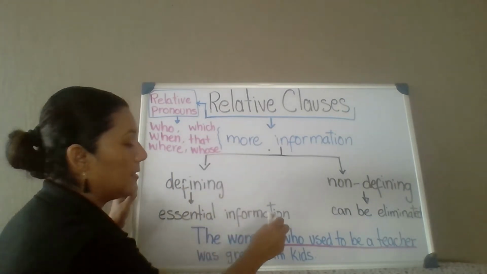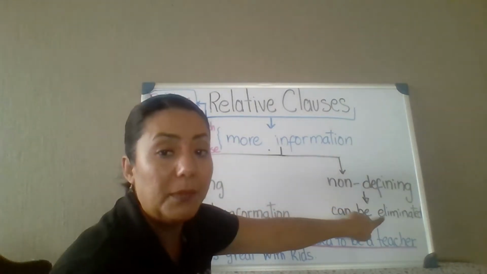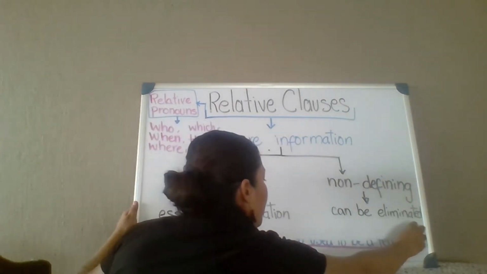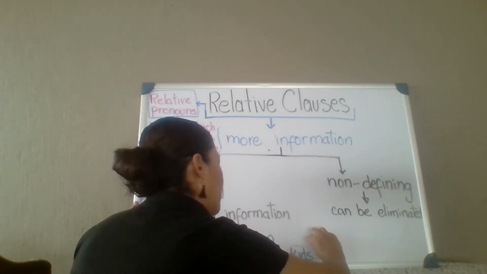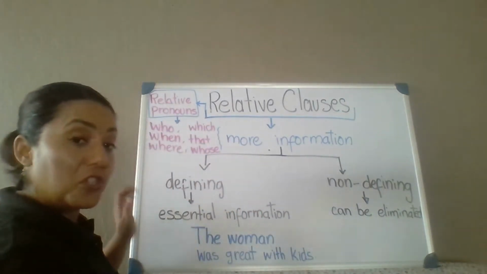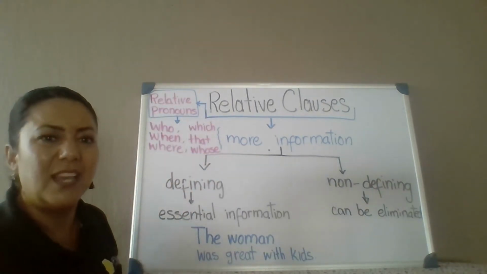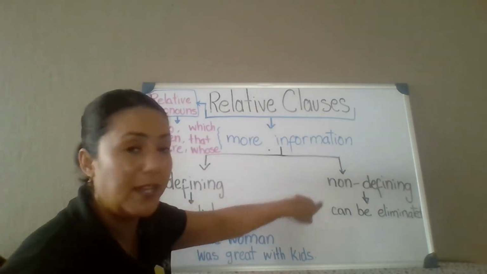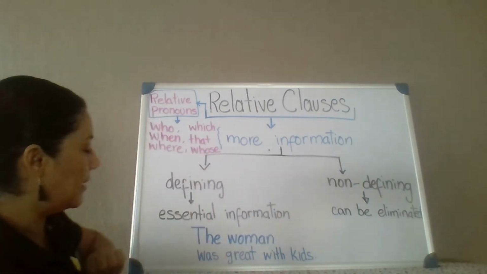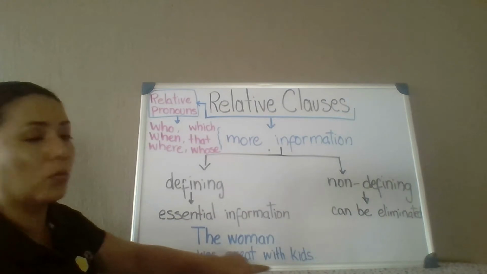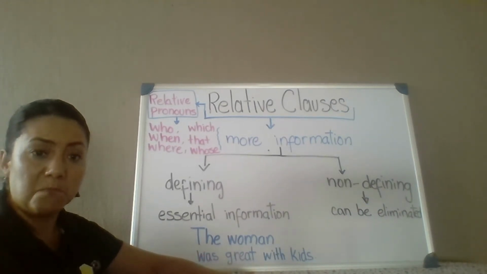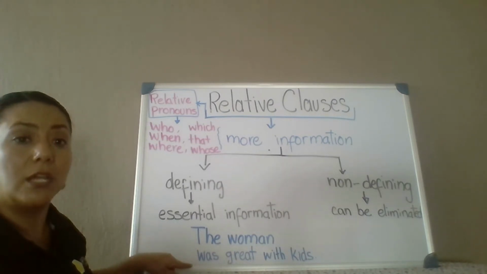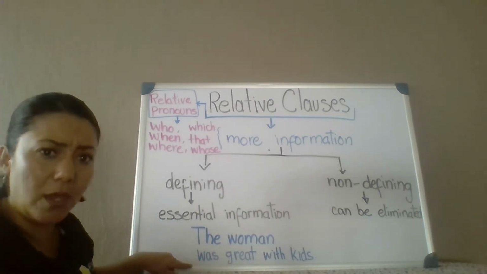Let's see what happens if we eliminate or leave this out. Bye-bye, relative clause. Let's see if it was essential or not. Defining are essential. These are not essential. Let's see. The woman was great with kids. Are we talking about a lady who was great with kids? Yeah.